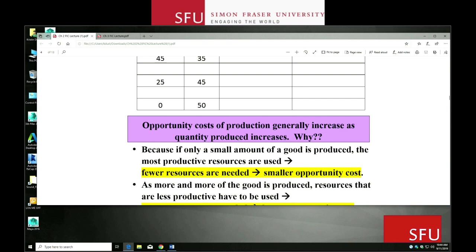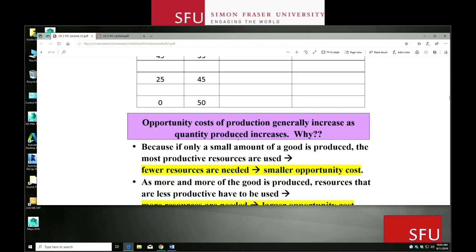And then as you try to produce more, you have to use the resources that are not as good, they're less productive. More resources are needed because those resources are less productive, so that will cost more.